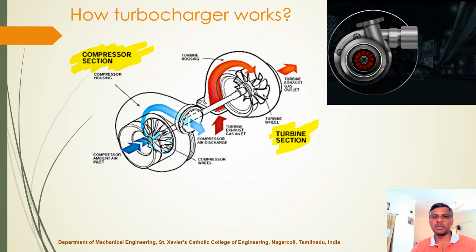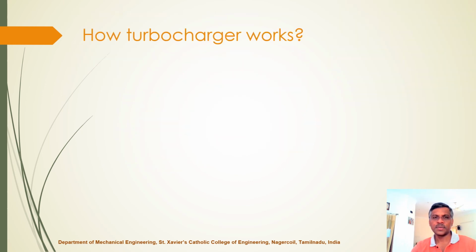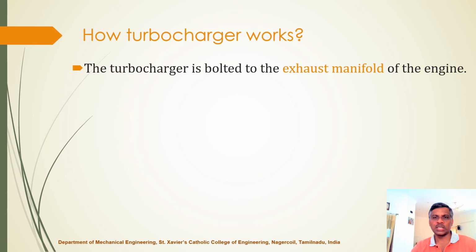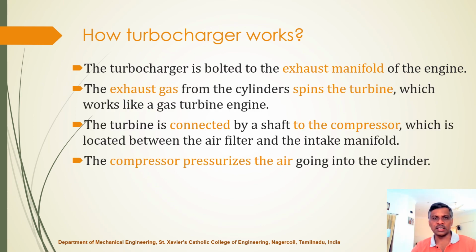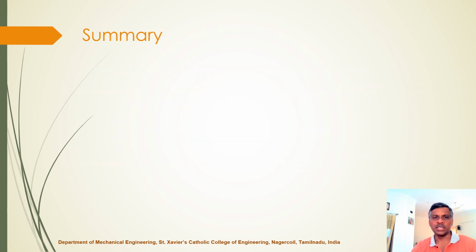The turbine gives the mechanical energy for the compressor. In a supercharger, these portions will not be there. Instead, you have a belt to drive; power from the crank is given to the compressor. That's the difference. We have seen how it spins and other things. That is how the turbocharger works.